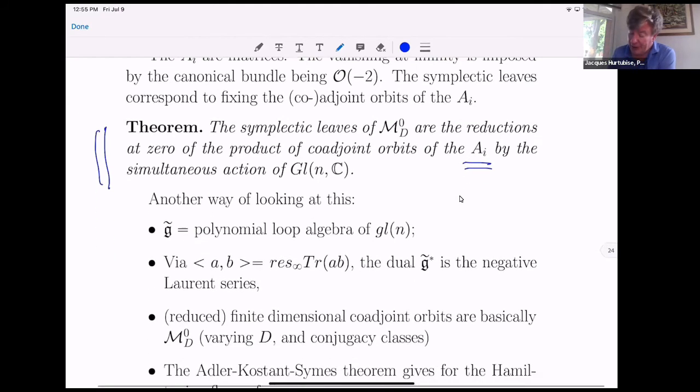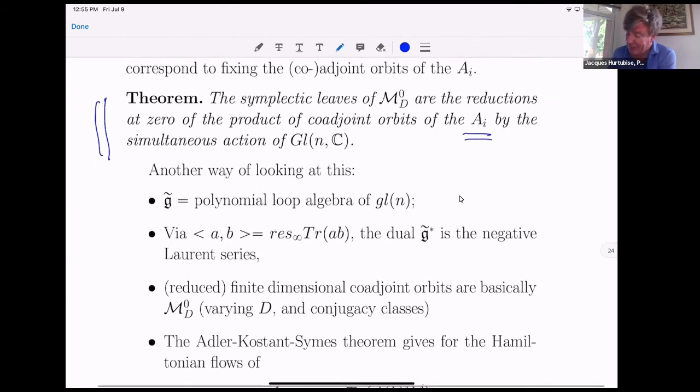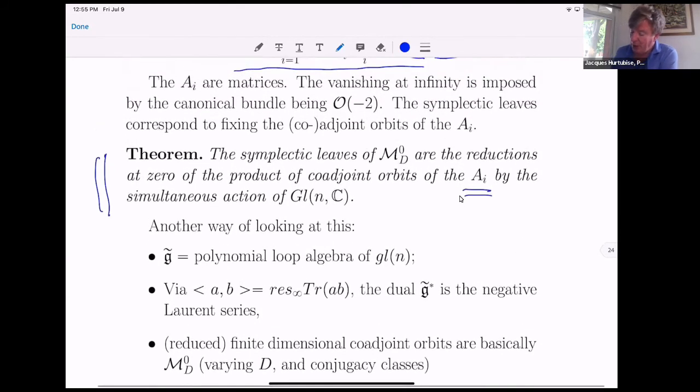There's another way of looking at this, which is that you think of the polynomial loop algebra for GL_n. So those are series, or polynomials anyway, with positive coefficients. You take its dual under taking the residue at infinity in the trace.